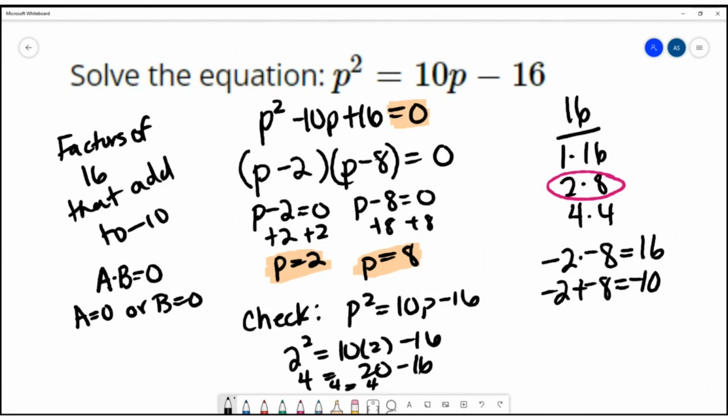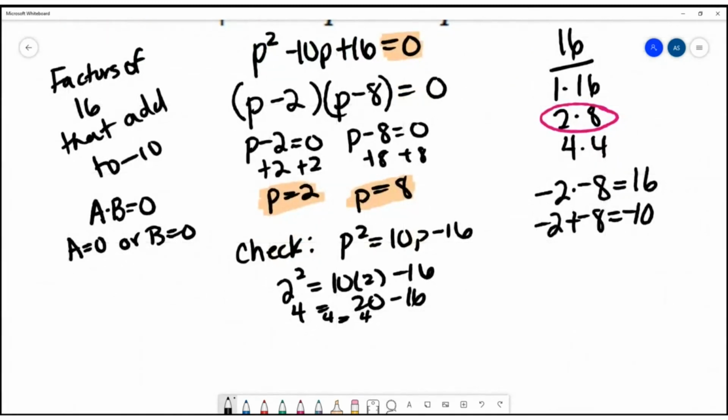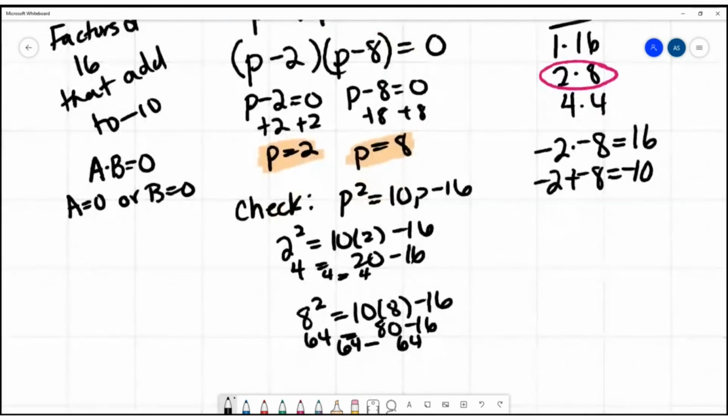So 2 is a solution to this equation. Let's check 8. 8 squared equals 10 times 8 minus 16. 8 squared is 64. 8 times 10 is 80 minus 16 is 64. So we have two solutions to this equation, 2 and 8.